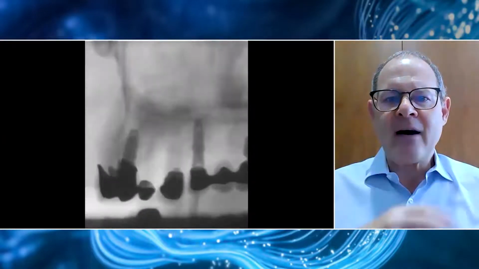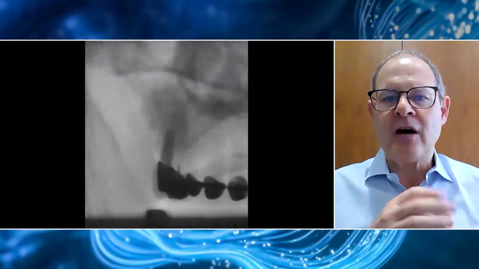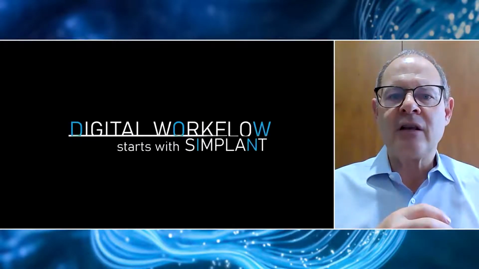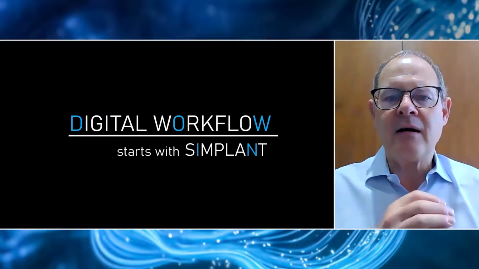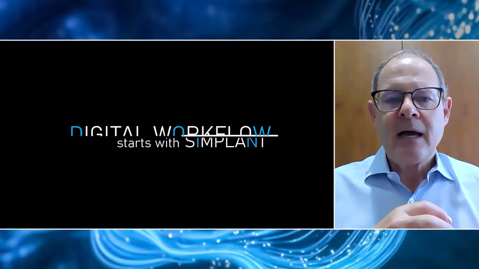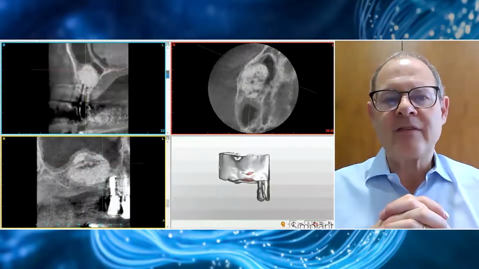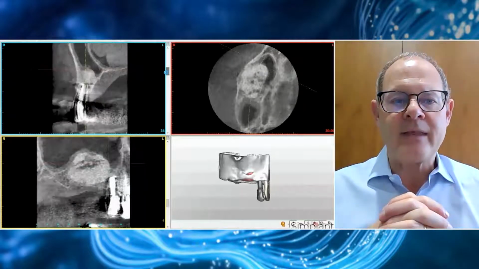And this is now an acquisition video of the sinus graft, so that we can import this information into our digital Simplant workflow. And Simplant, of course, is a very, very powerful technology, for those that are familiar with it.